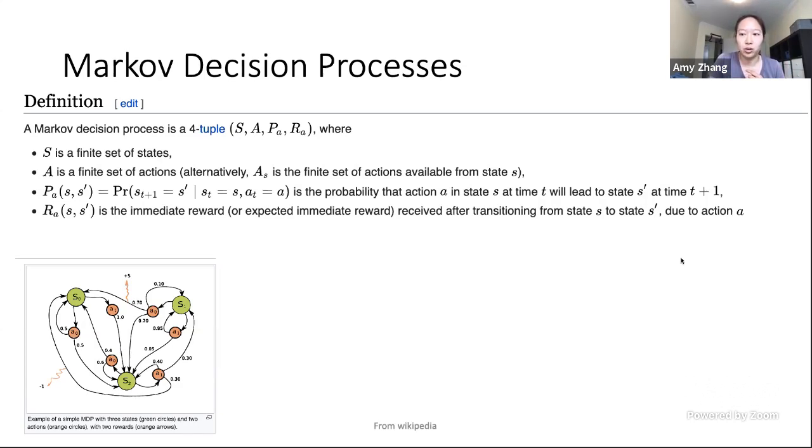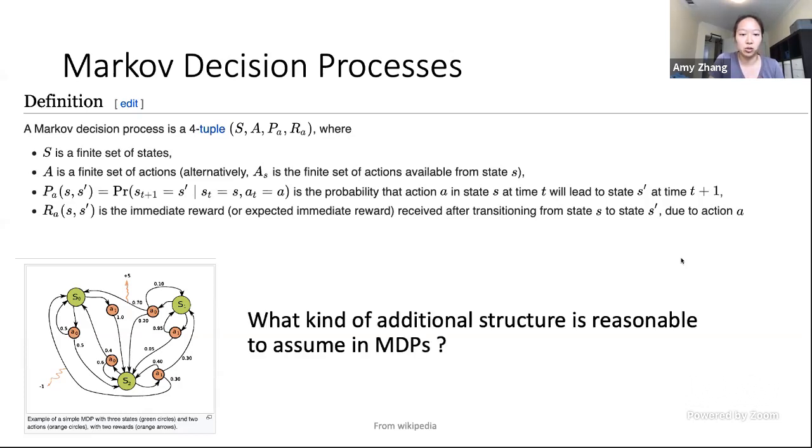So the important question to ask here is what kind of additional structure is reasonable to assume in MDPs? Because there's no free lunch. We have to assume some kind of structure in order to get good generalization.